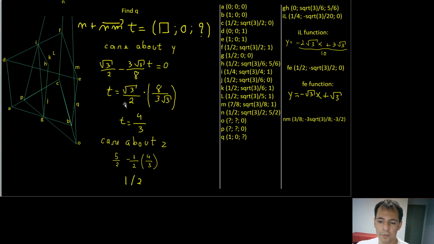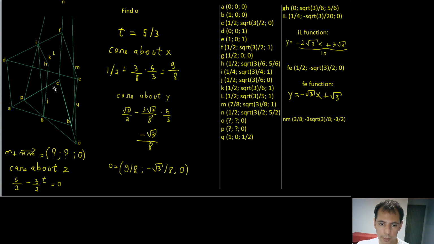And then I found out t, and from t, I found out z. So I have the x, which is 1. It goes all the way here, so it's 1. And the y is 0, because it's not going towards C. It's just here. And the z is half. So now I have the coordinates of Q.